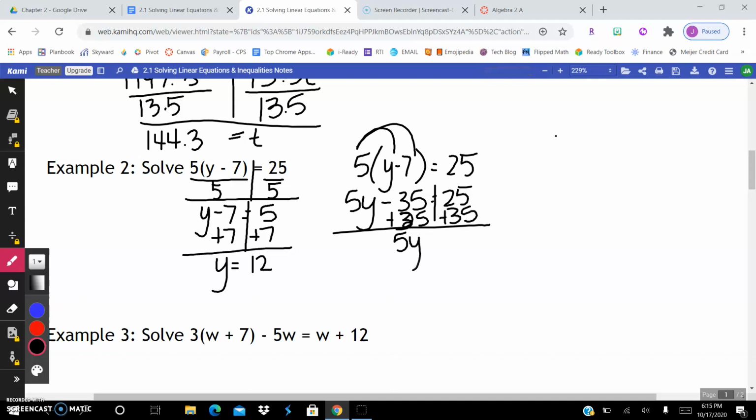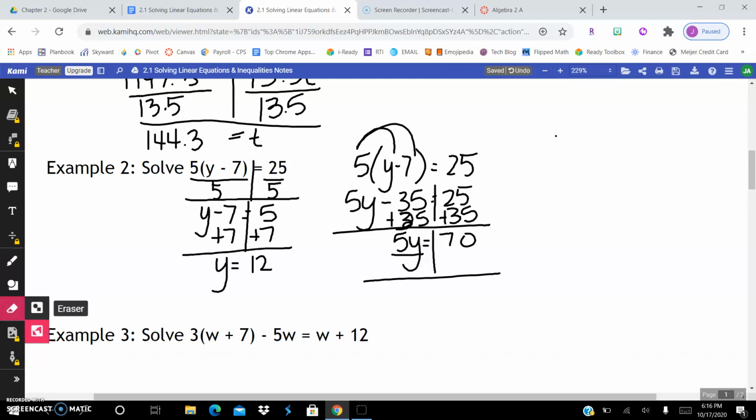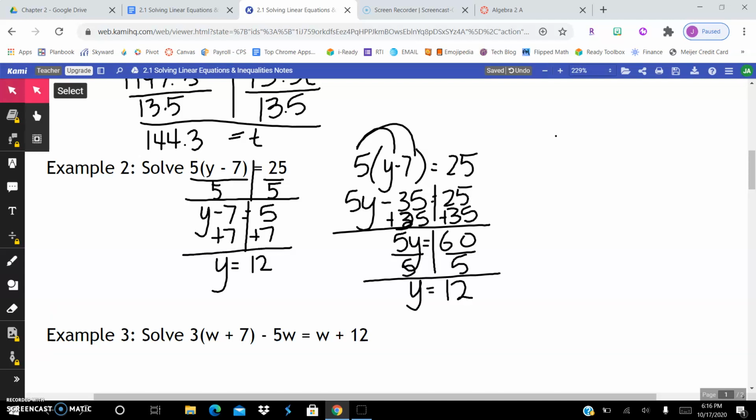And we would have 5y equals 60. Then we would have to divide by 5. And 60 divided by 5 is 12. So we get the same answer, just whatever's easier for you, you can pick that method.